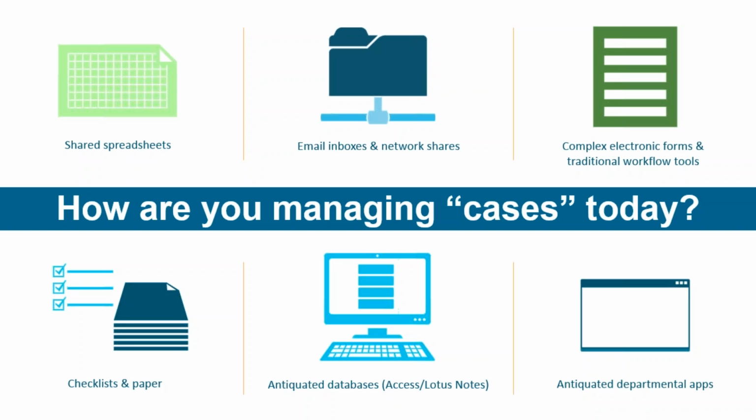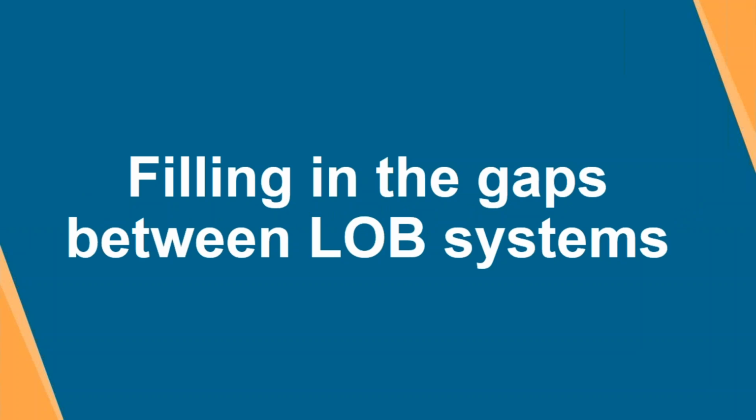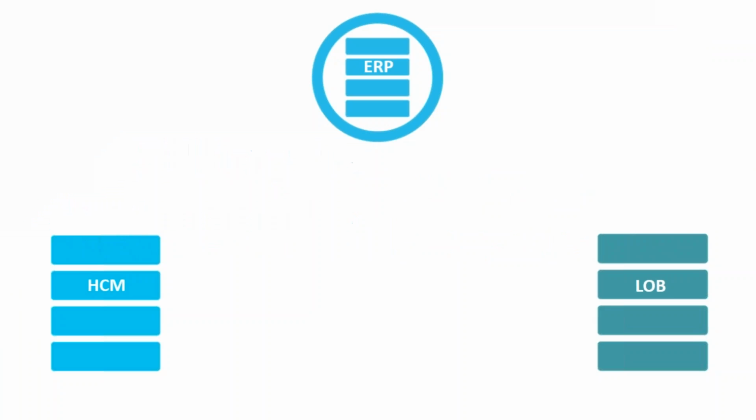But now we have the tools that we can hone into these areas of your business and handle this with a bit better and different approach. Oftentimes, these spreadsheets and file shares and antiquated systems are filling the gaps between different core line of business systems within your organization.